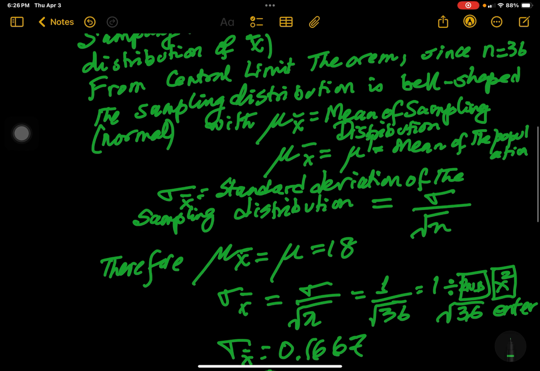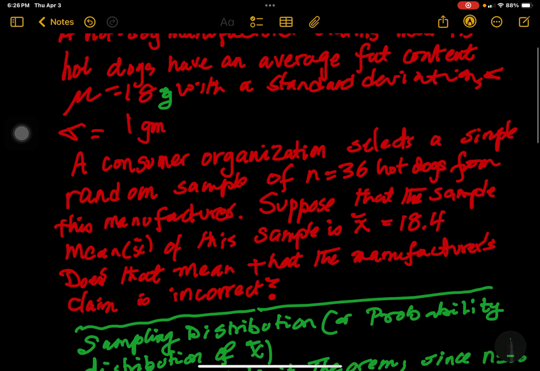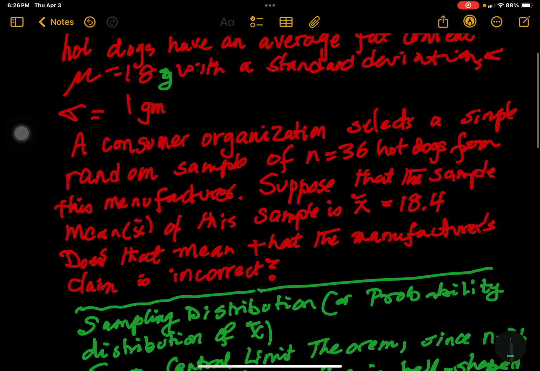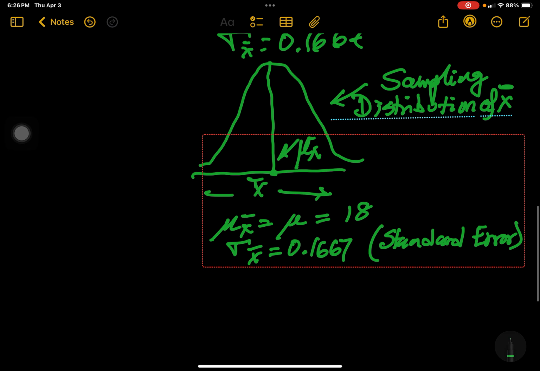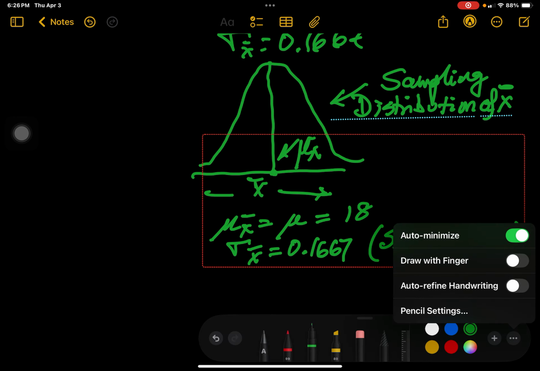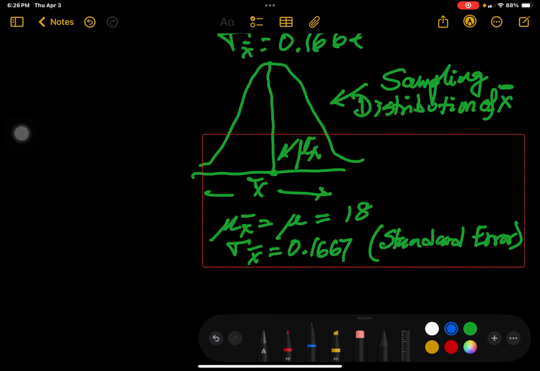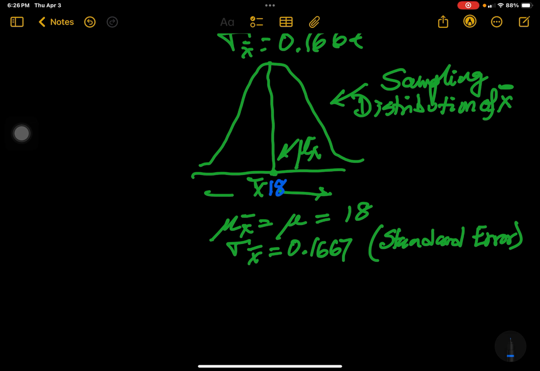Now, if we read the problem, the consumer organization got a sample mean of 18.4. Let me change the color of my ink. So the center is 18. That is the mean, and the consumer organization got a sample mean of 18.4, which is slightly greater than 18.